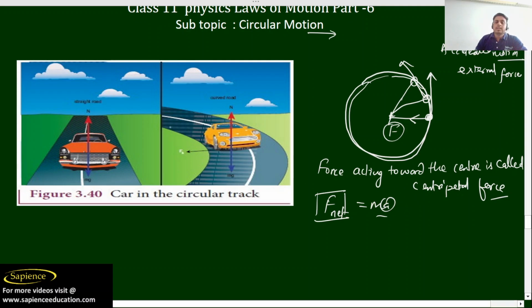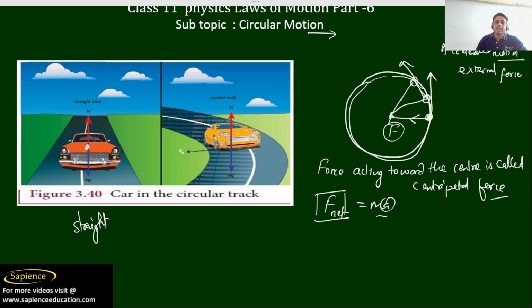Now see in the figure: if an object or car is moving in a straight path, only two types of forces act, that is mg in the downward direction and the reaction force in the upward direction.